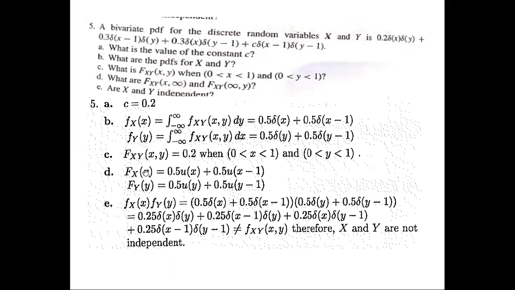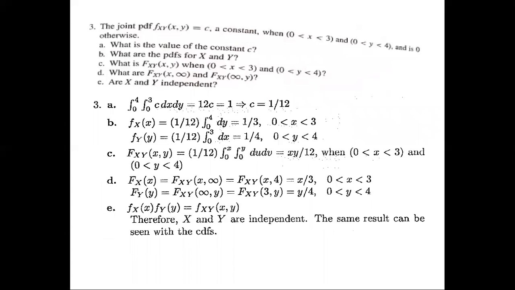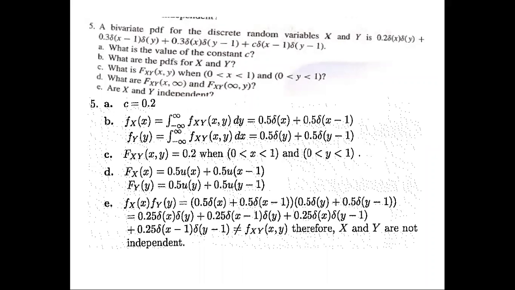Then f_X(x) will be, you integrate this and substitute y equal to infinity, in the similar way which we have done over here. And y equal to infinity means, again, we should consider within the range which is given for us, and that will be 0.5 u(x) plus 0.5 u(x minus 1).